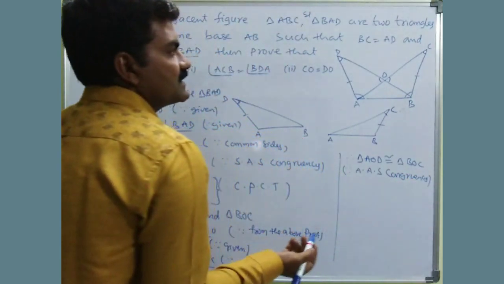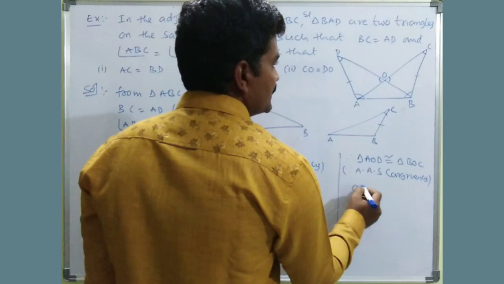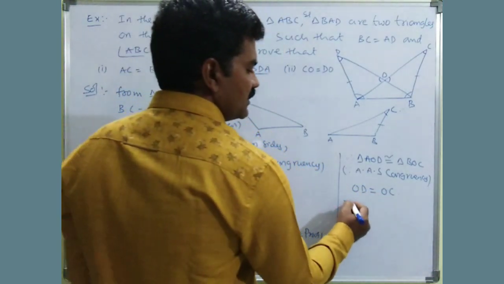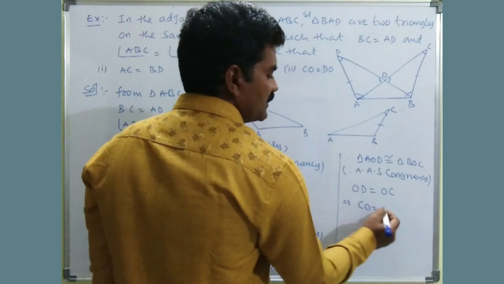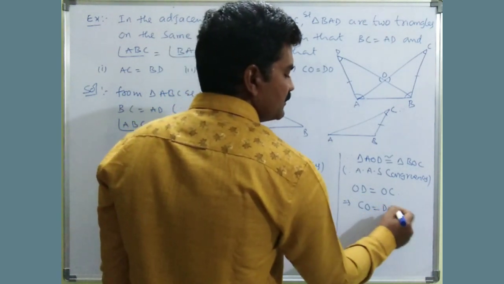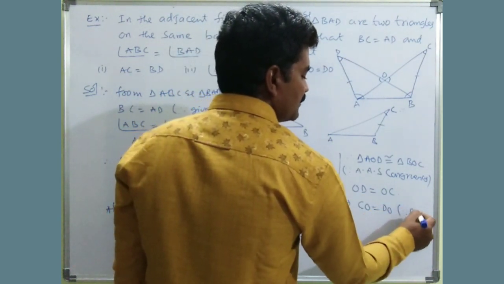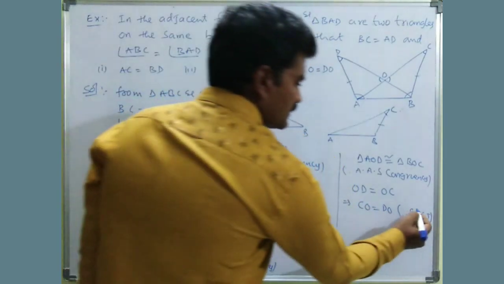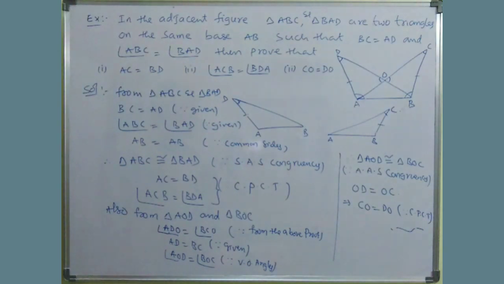Then very simple, their corresponding parts, that is OD is equal to OC. OC can be written as CO and OD can be written as DO. And why are these equal? Because of corresponding parts of congruent triangles.